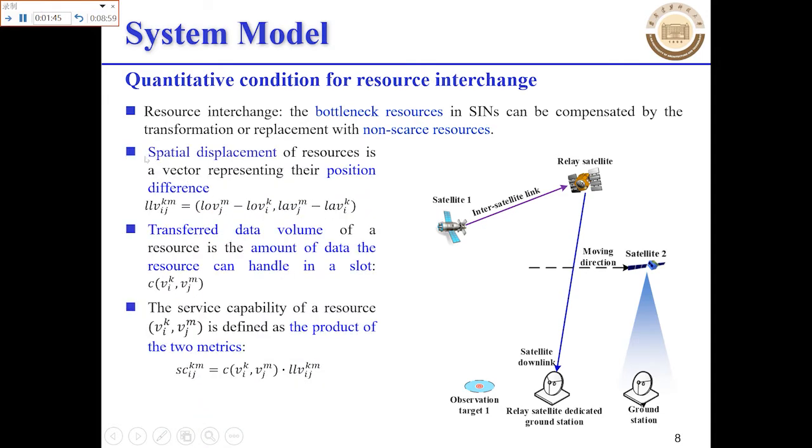The first metric is the spatial displacement, which is a vector representing their position difference. The second metric is transferred data volume, which is the amount of data the resource can handle in a slot. Then the service capability of a resource is defined as the product of these two metrics.